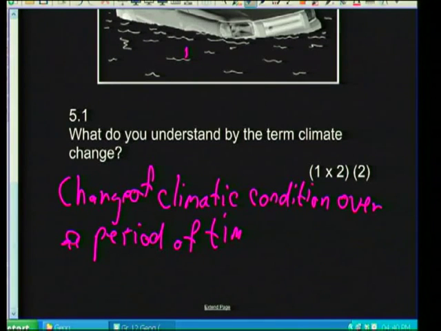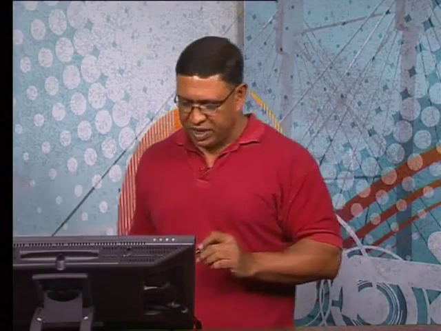Remember, these are concepts, and if you feel comfortable to use your own words, you can do so, as long as you don't change the meaning. It actually means the same thing. All right, let's look at the next one.